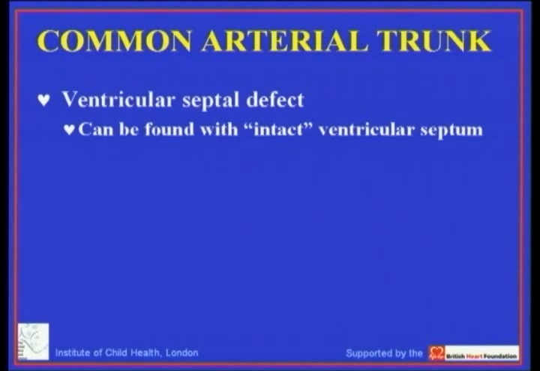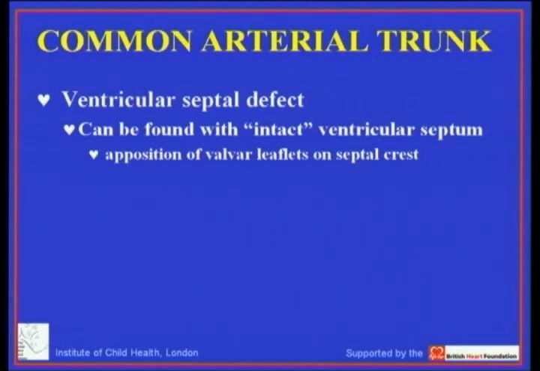Now, if you study the literature, you will find that in some instances, cases are described in which the ventricular septum is said to be intact. And the first description of that was because during ventricular diastole, the leaflets of the common truncal valve apposed not only with each other, but with the septal crest.